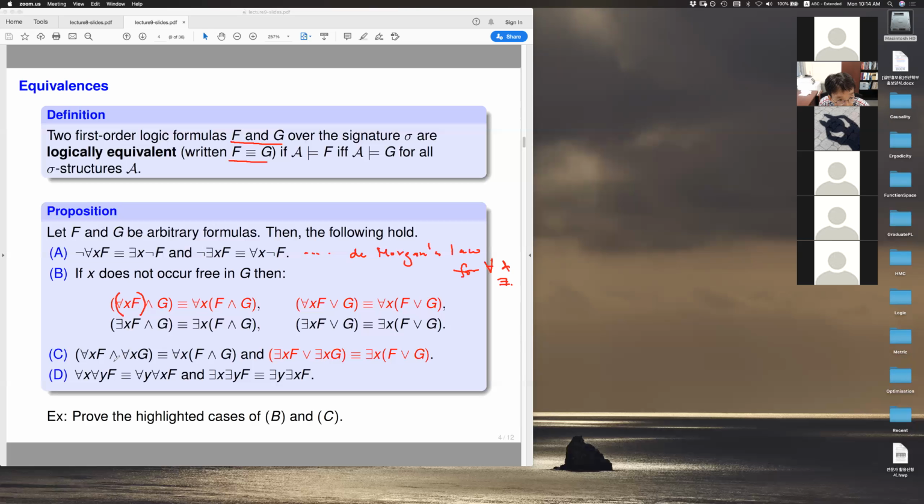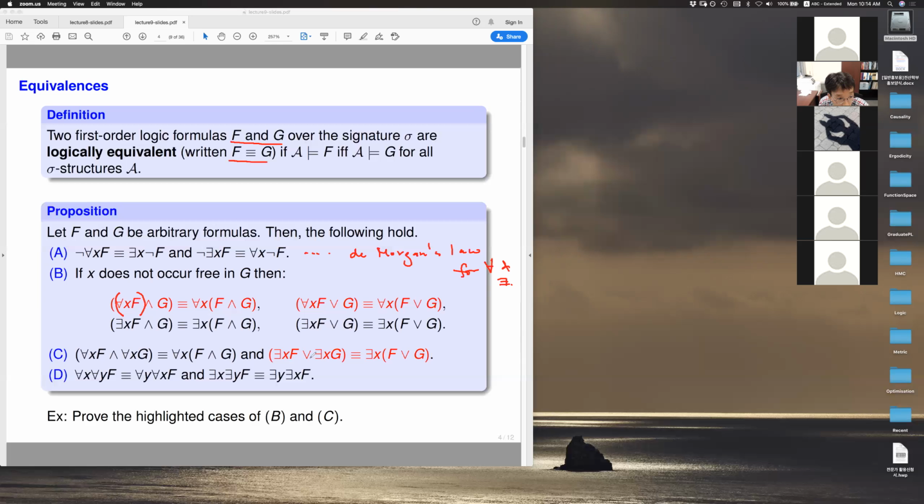The third rule says, if you have two universally quantified formulas over the same variable, then you can group them together when they are combined by conjunction. The same thing applies for existential quantification and disjunction. Roughly speaking, what this rule says is that universal quantification is a generalization of conjunction, and existential quantification is a generalization of disjunction.